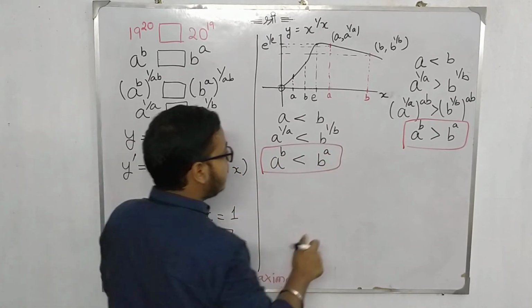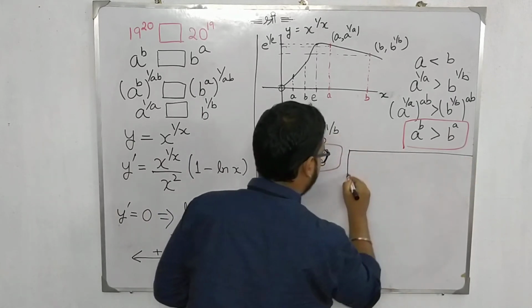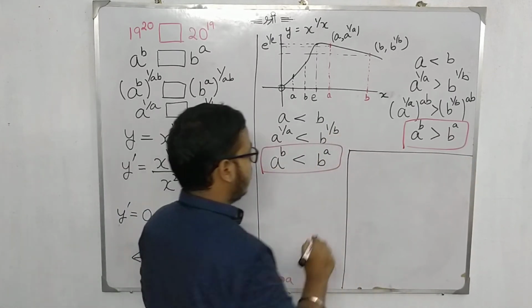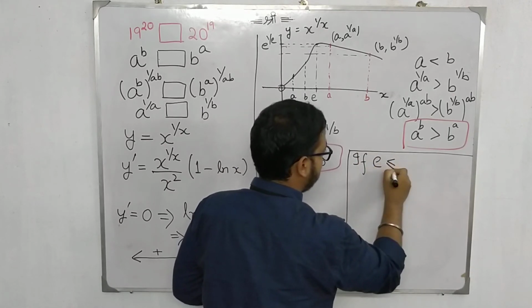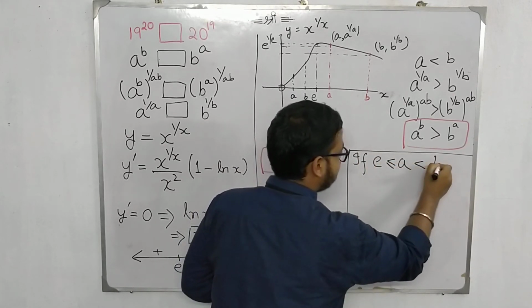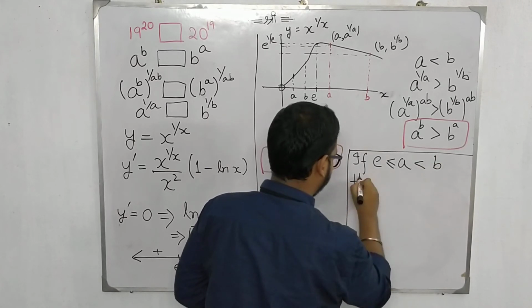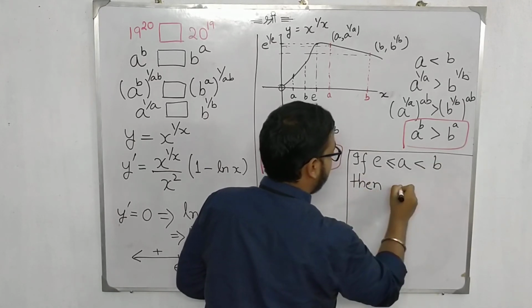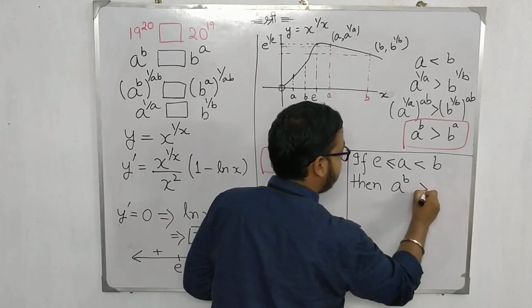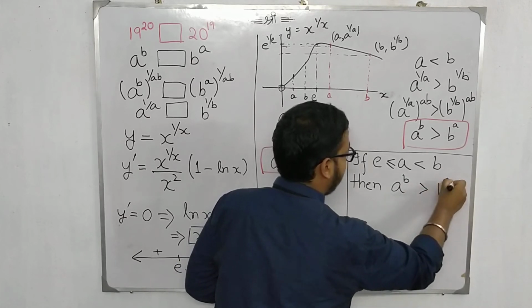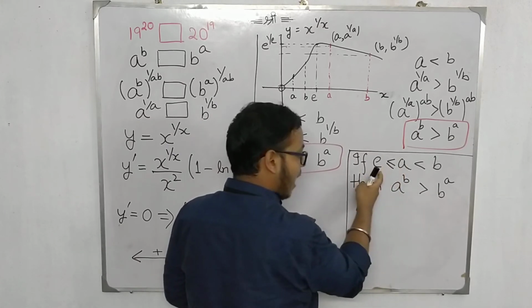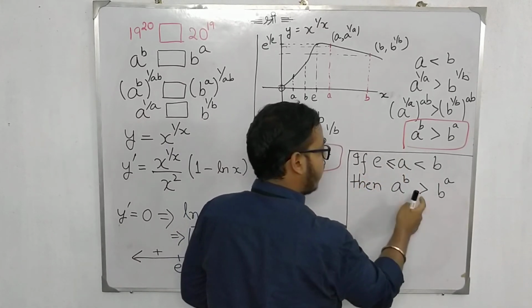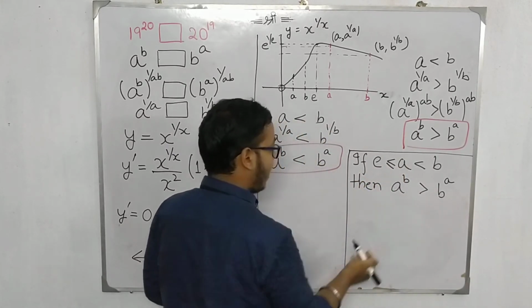Now I'll compile it and write it as a shortcut trick. So if e is less than or equal to a, which is less than b, then a to the power b will be greater than b to the power a. That means अगर a और b e से बड़े हैं and a can be equal to e, then a to the power b will be greater than b to the power a.